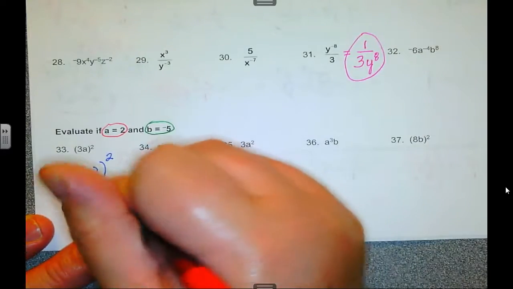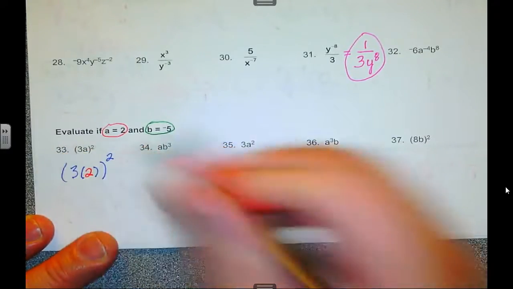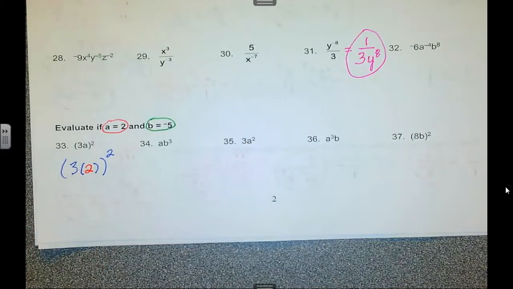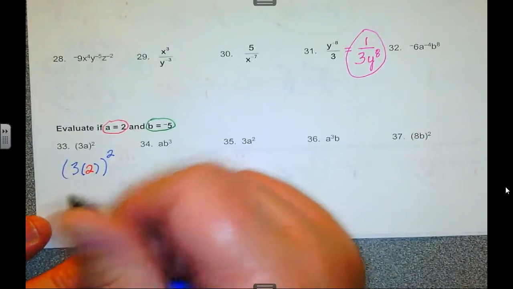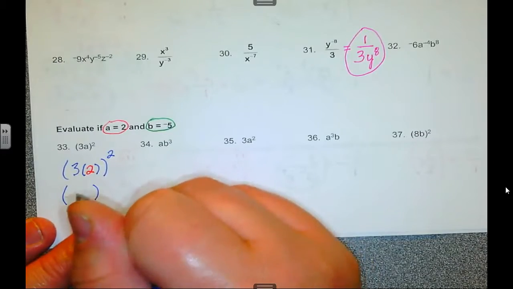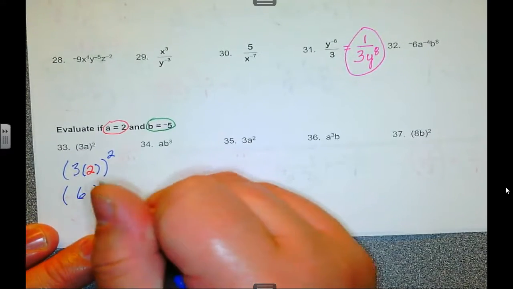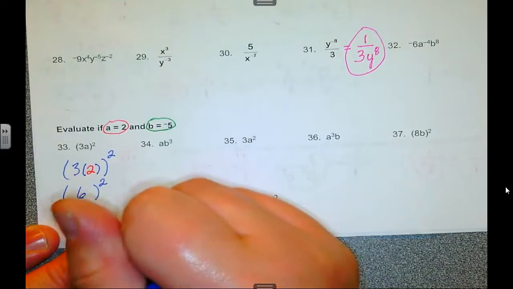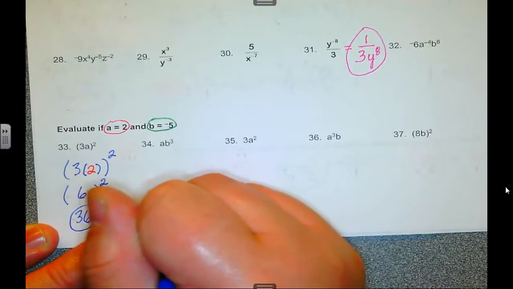My A is 2. Okay, please excuse my dear Aunt Sally. So parentheses first. Use your order of operations. 3 times 2. 6. And then exponents. 36.